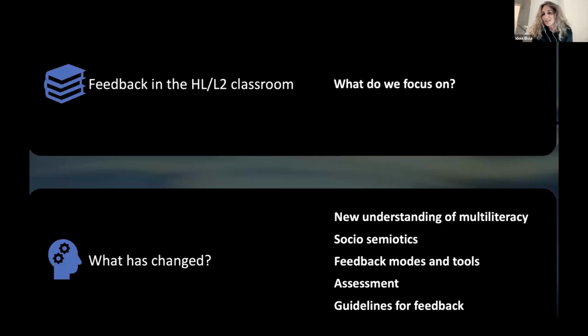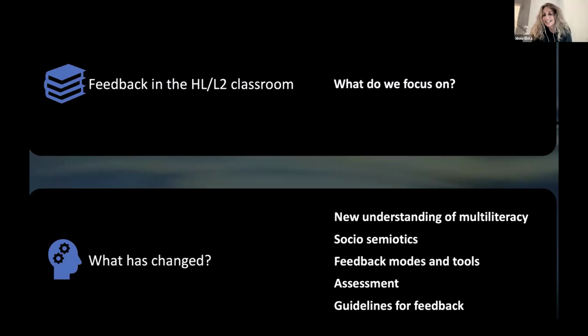The talk is going to be divided in 2 parts. The first part is going to be about the feedback in the heritage language and second language classroom. We will talk a little bit about what we focus on when we write. This will be the most interactive section because we'll ask you some questions through Menti.